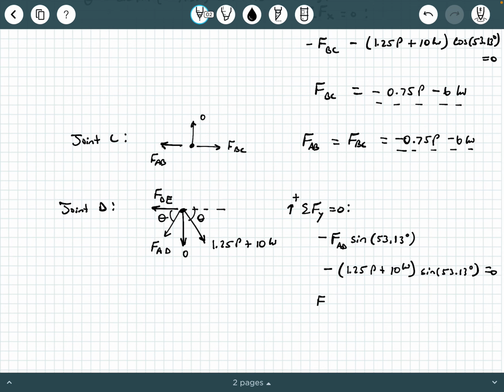We do a little bit of algebra and we'll get FAD equals negative 1.25 P minus 10 kilonewtons, okay?